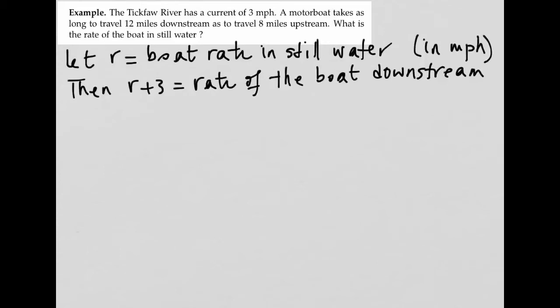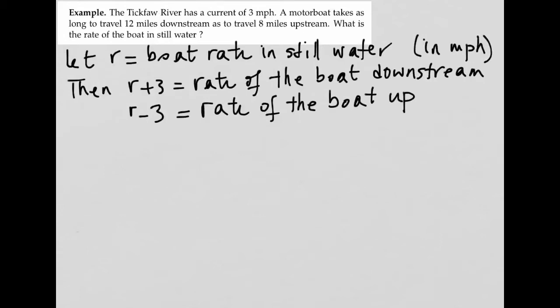And upstream, we have the rate of the boat R in still water going against the river, which has rate 3 miles per hour. So R minus 3 becomes the rate of the boat upstream. Again, R plus 3 and R minus 3 are in miles per hour.